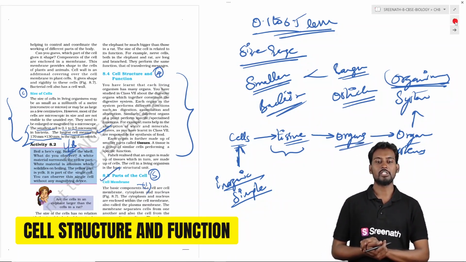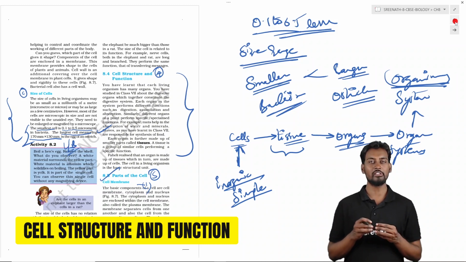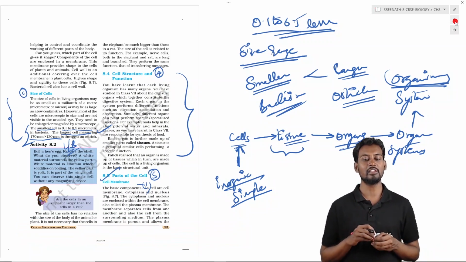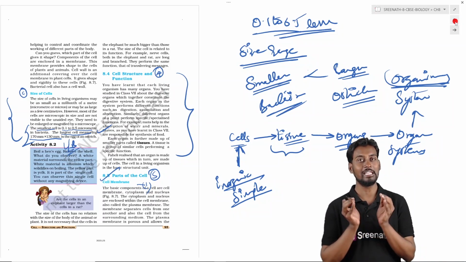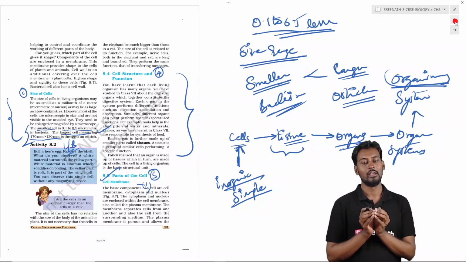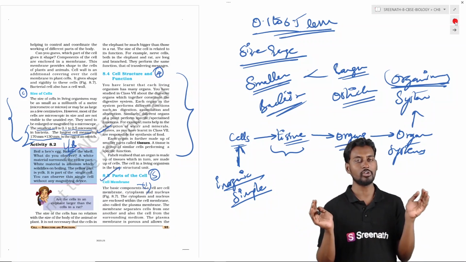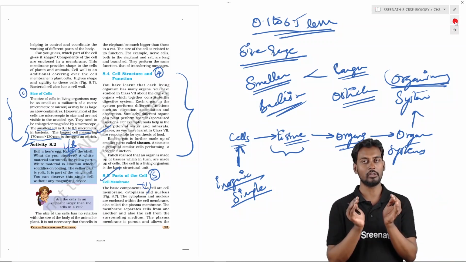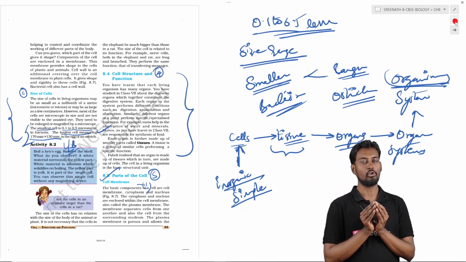Now coming to the cell structure and function, which is the next topic, here we can discuss that whatever the inorganic elements are combined together to form a biological cell, the cell level. These cells which perform the same structure and function are grouped together as a group of cells called a tissue.